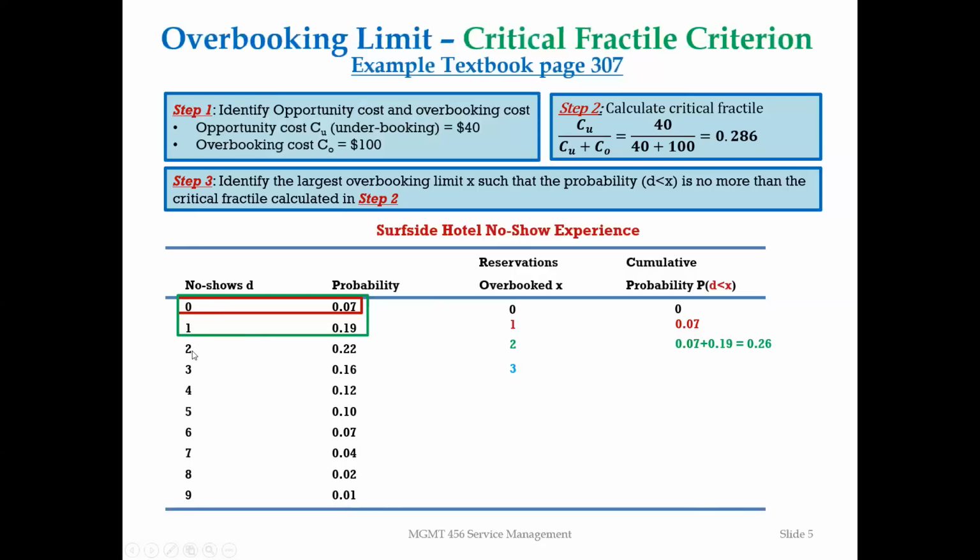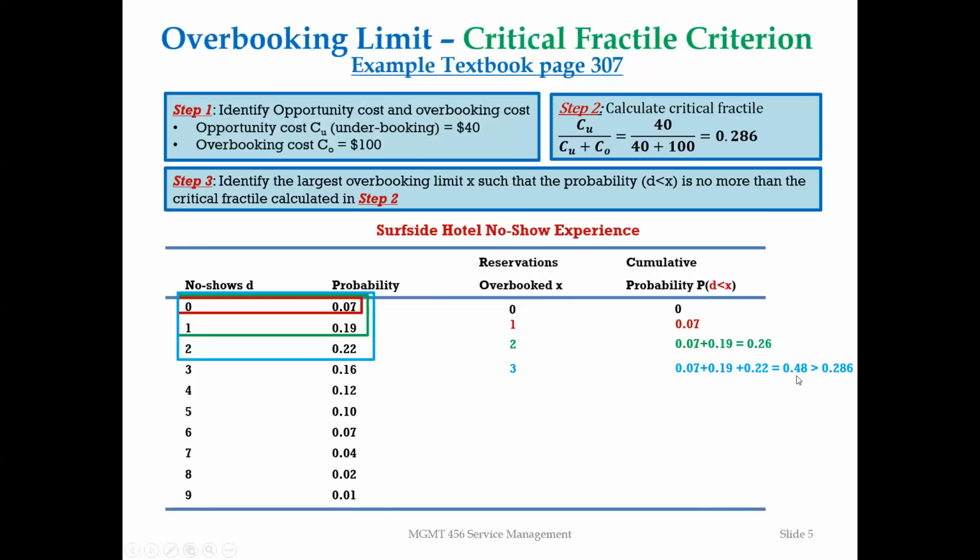So there are 3 different situations when D is less than X. On the right side, for the cumulative probability, we add these 3 numbers: 0.07 plus 0.19 plus 0.22. We got 0.48.